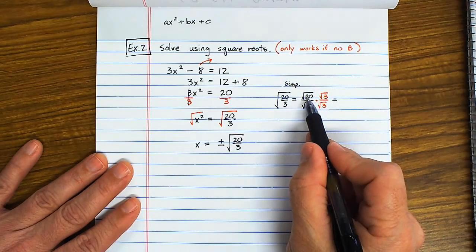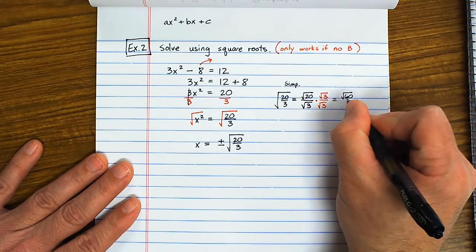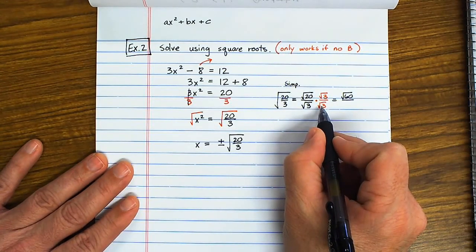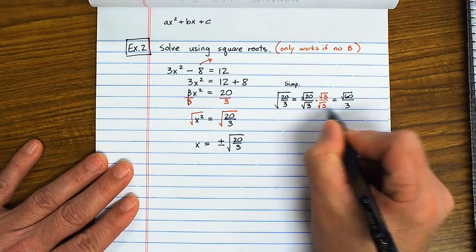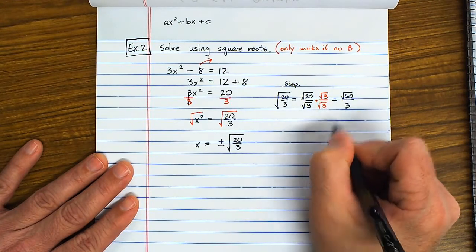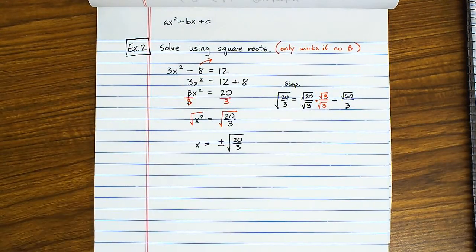So on top, radical 20 times radical 3, 20 times 3 is radical 60. Radical 3 times radical 3 is radical 9, which is a perfect square, so that goes right back down to 3. So you just want to start memorizing that anytime you multiply the same radical, you just get that number. So now I'm closer, but I still have to break down that 60.